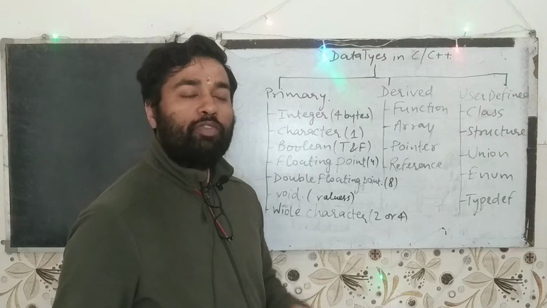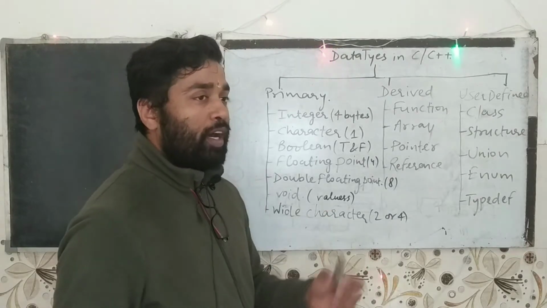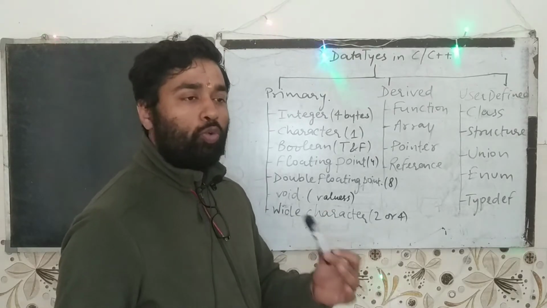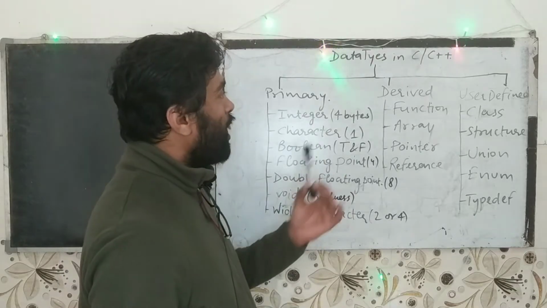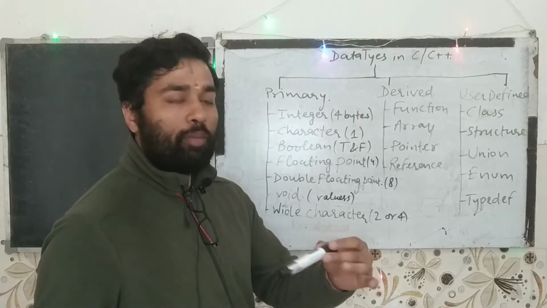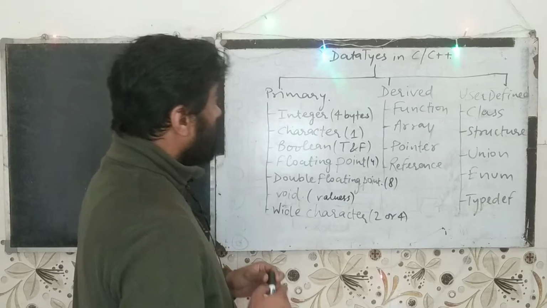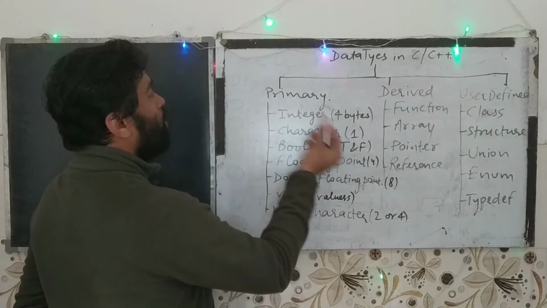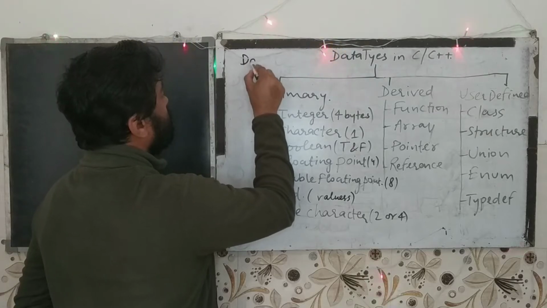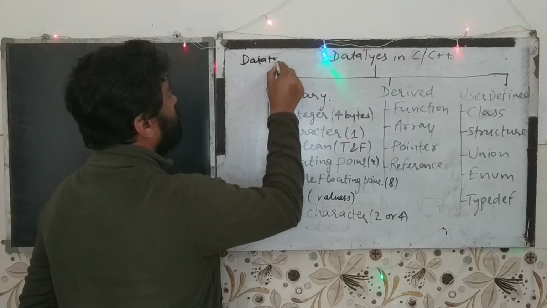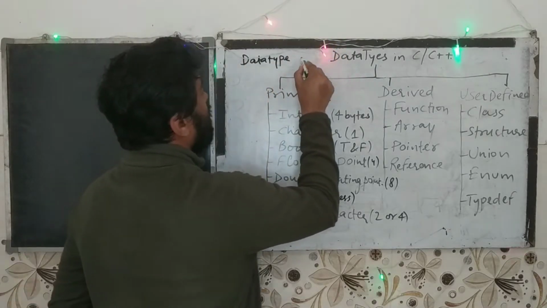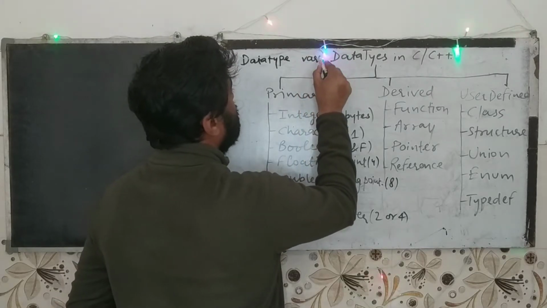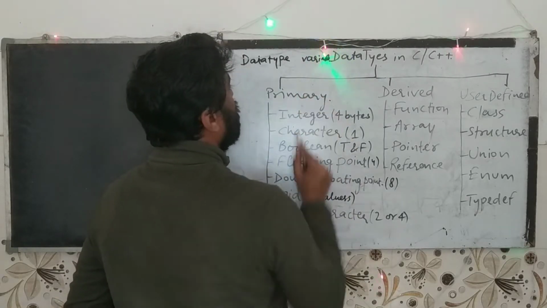If you have some variables, then you have to declare a variable through a data type. If you have a data type, then the variable can be stored in memory. So if you want to store a variable, you require a data type and a variable to store your data.